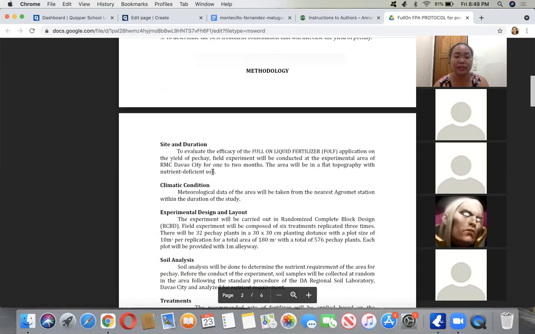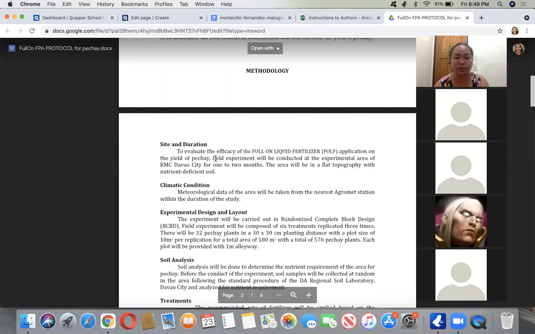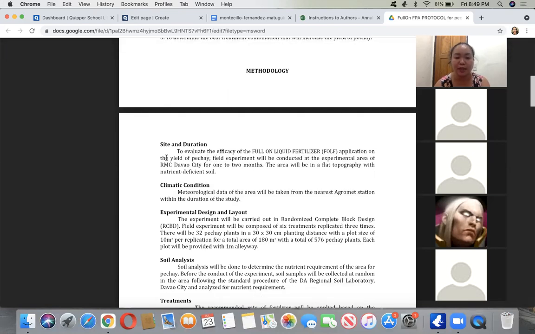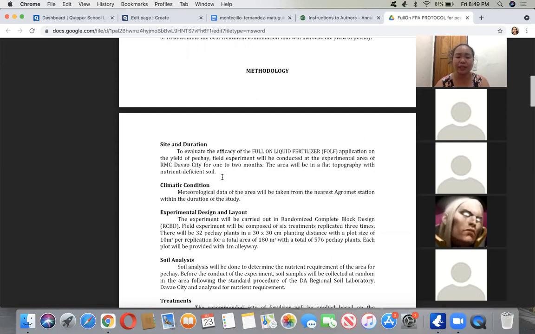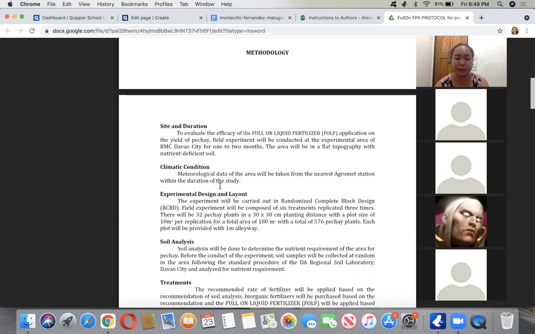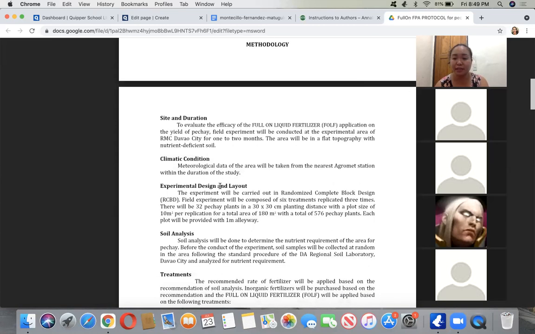For the methods, kailangan meron siyang site and duration, which is very important. 2 months and sa RNC Davao City siya with flat topography and nutrient deficiency. So in actual, hindi talaga ito na-conduct sa RNC Davao since this is still a protocol kasi there have been many changes.